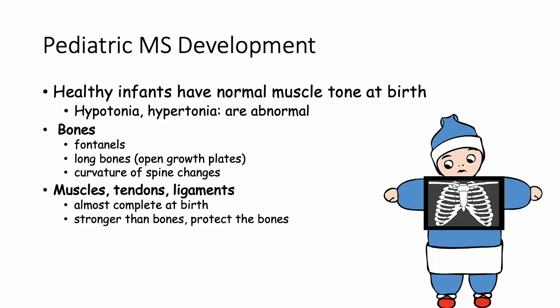Their bones and their fontanelles. Remember that babies' fontanelles are born open. The fontanelles on the top of their head are born open, and they close over the first couple months. The long bones, like the leg bones, your calf, the bones in your legs and in your arms, right by your joints, below your knees, above your ankles, are growth plates. These growth plates are open, and they stay open until you hit puberty.